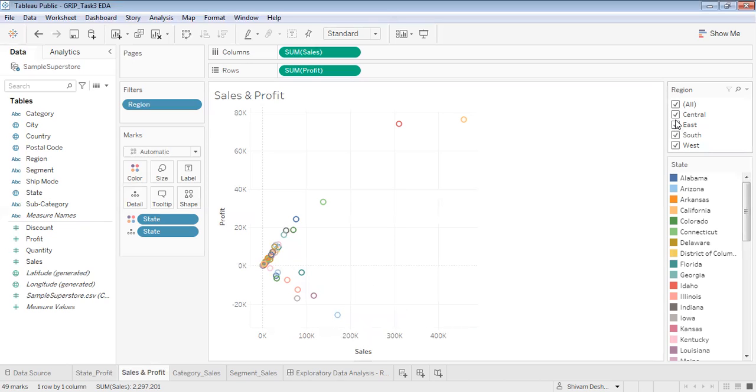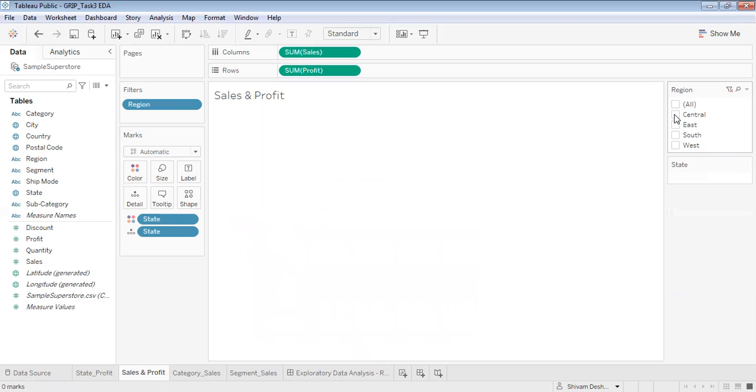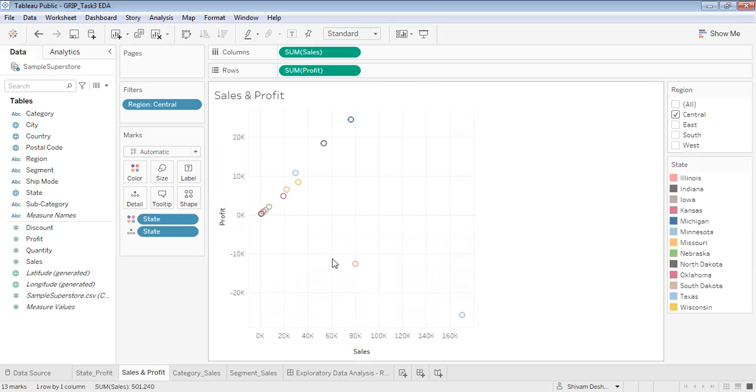This is for all the regions. If we have to look at only the central region, then these are not performing very well, like Illinois and Texas. We have to look at these states. Then again, these are performing relatively good. Michigan is performing very well in the central region.